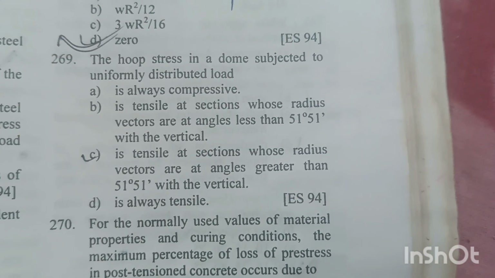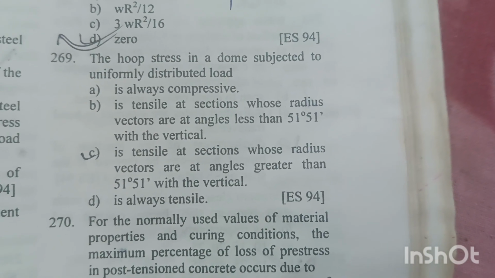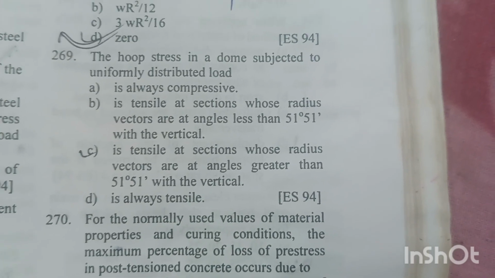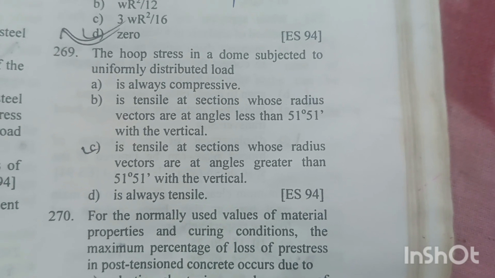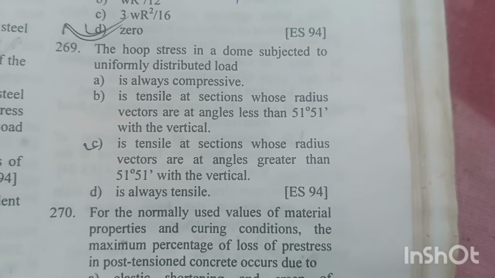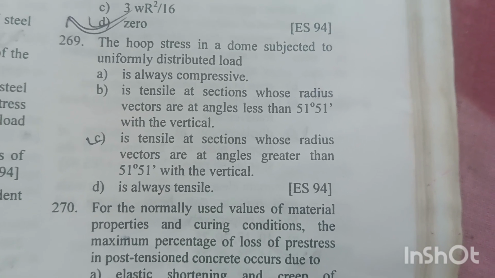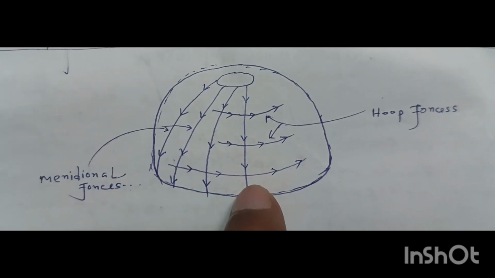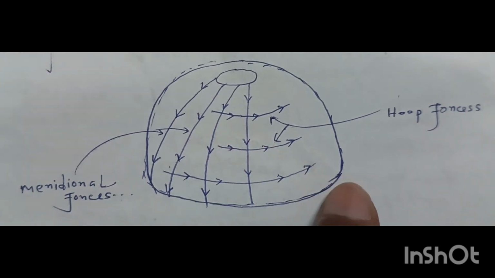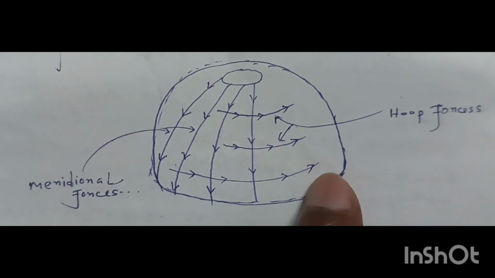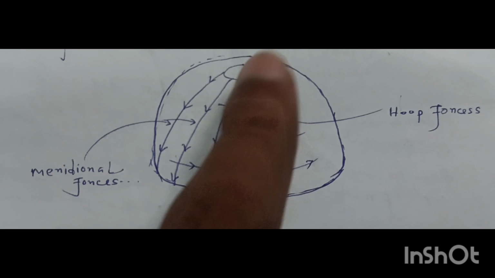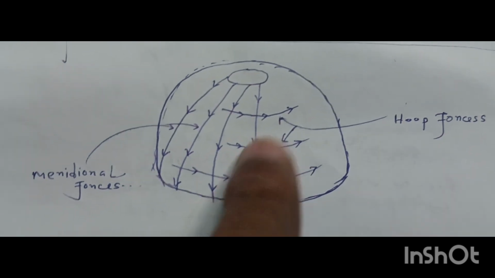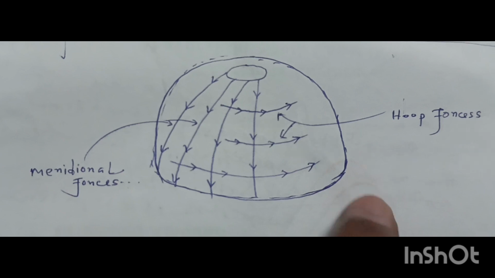Question number 269. The hoop stress in a dome subjected to uniformly distributed load is tensile at sections whose radius vector is at an angle greater than 51 degree 51 minute with the vertical. Option C is the right answer. Suppose this is the RCC dome structure, a curved shaped structure, very cost effective. Along the vertical direction, meridional forces are acting, and along this direction hoop forces are acting.